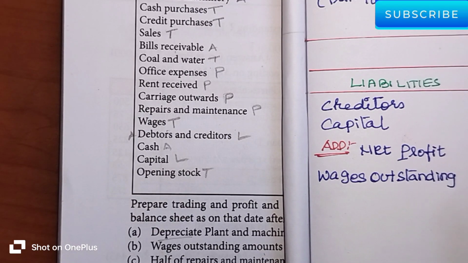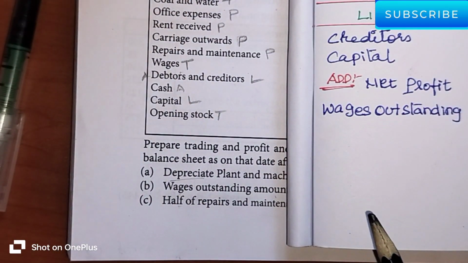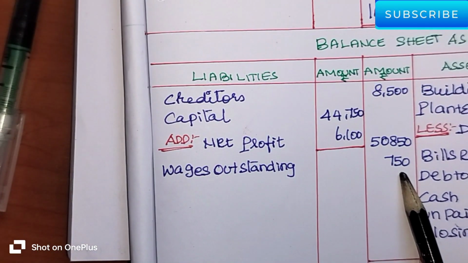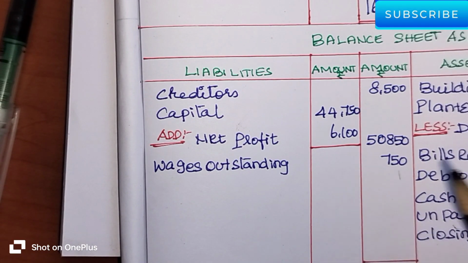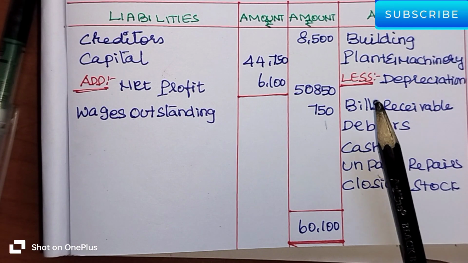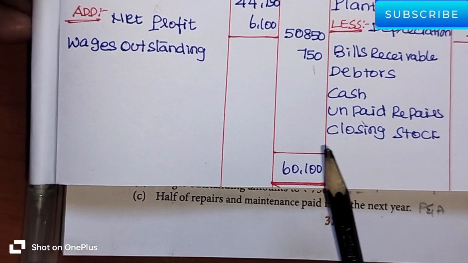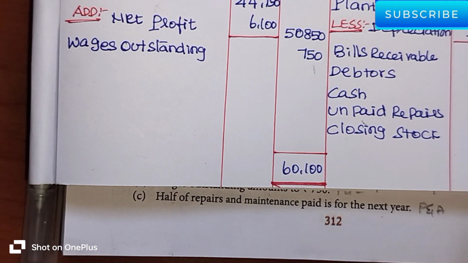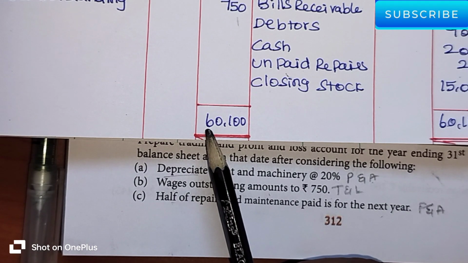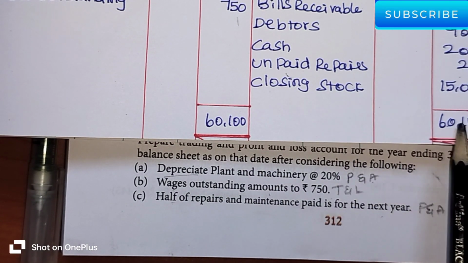Then we have the adjustment, that means wages outstanding amount 750 we have entered on the liability side. So on both sides we enter the respective transactions on both liabilities and asset sides. Now we have the equal total on both sides. We got 60,100 rupees on both the assets and liability side.